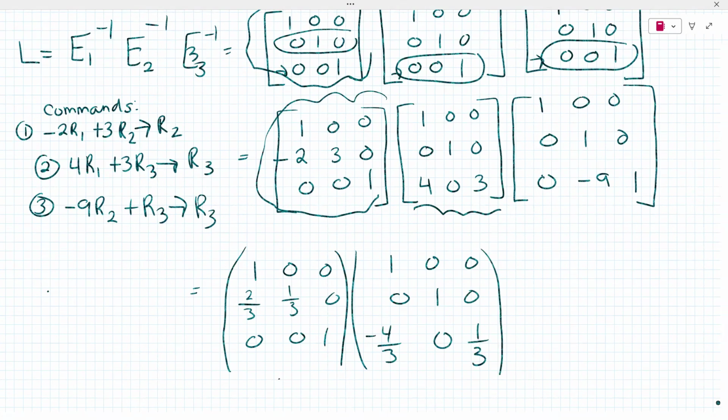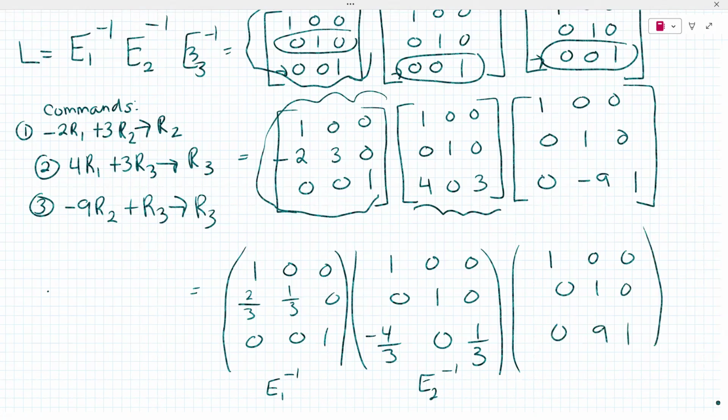So this is E1 inverse, this is E2 inverse, and then if you find the inverse of this one, you're going to get 1, 0, 0, 0, 1, 0, 0, 9, 1, and that's going to give you E3 inverse, okay?